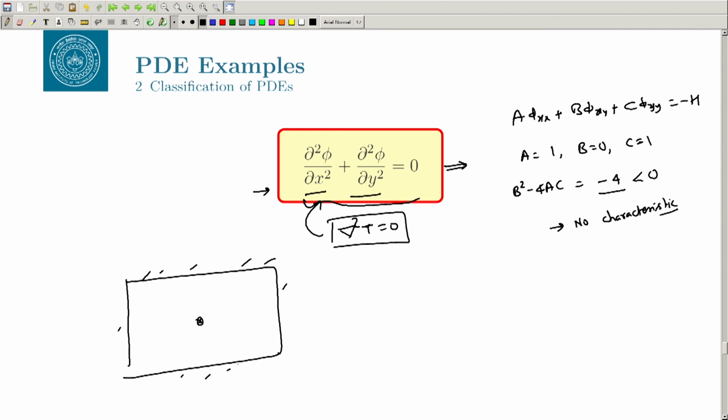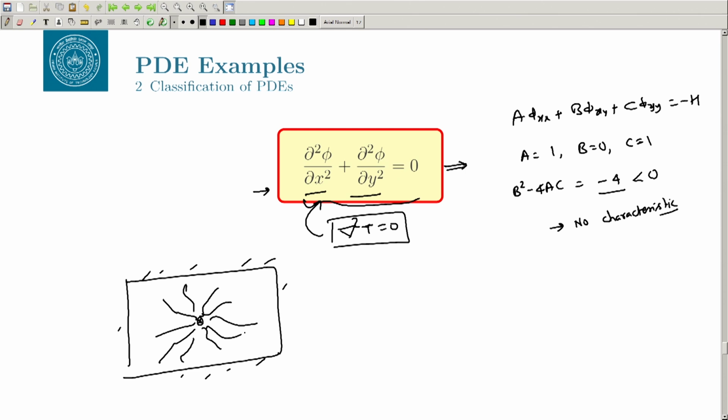As soon as you put a heat source, what will happen? There is no region around this along which the characteristic is defined, right. So, there is basically no discontinuity, so it will smoothly go in every direction, and it will only support the smooth solution, regardless of your boundary condition.